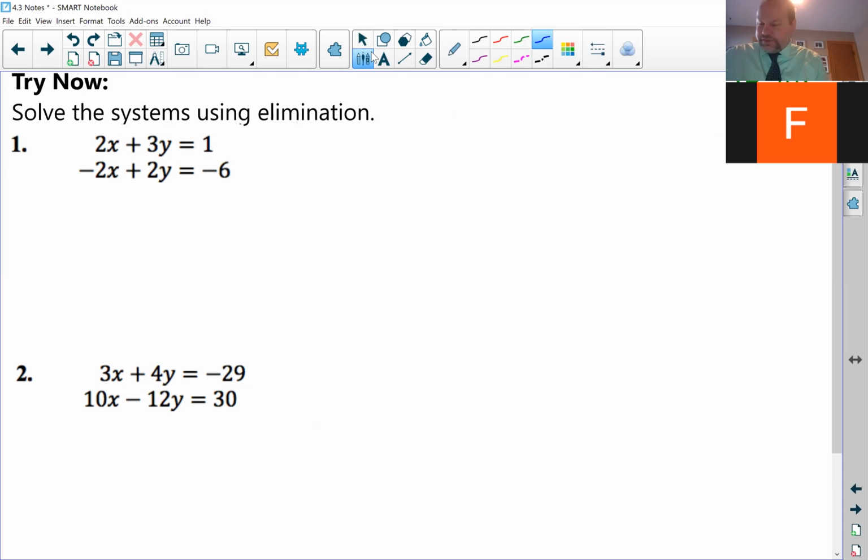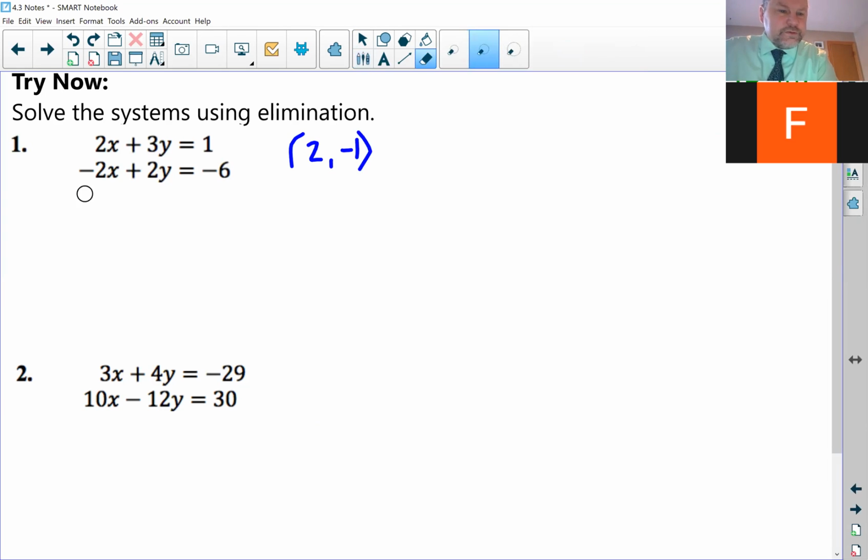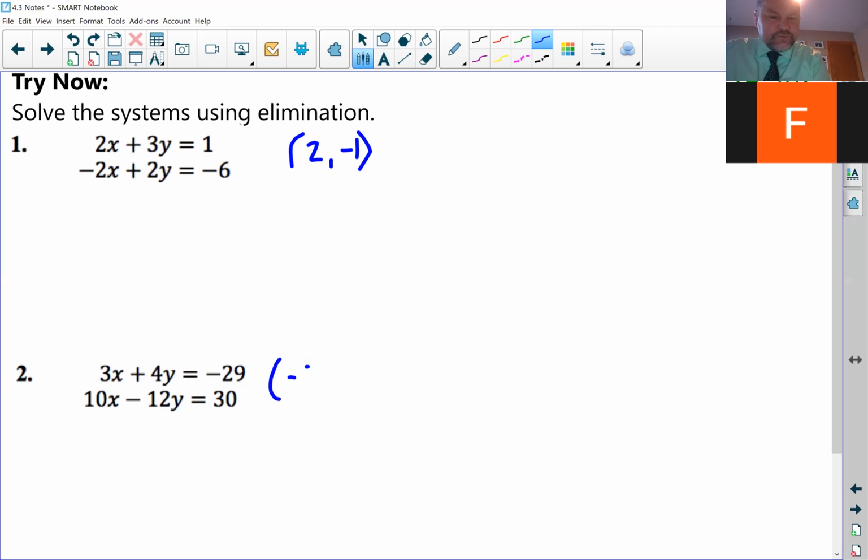If you would like to see how I got those solutions, just let me know in the chat. I'd be more than happy to go through the problem. I'm going to write it over here. This is 2, -1. The second one is -3, -5.